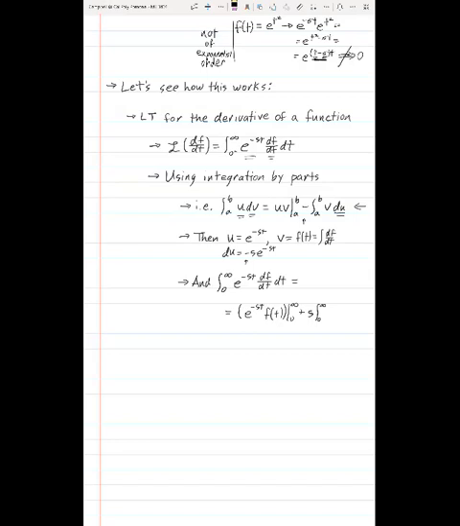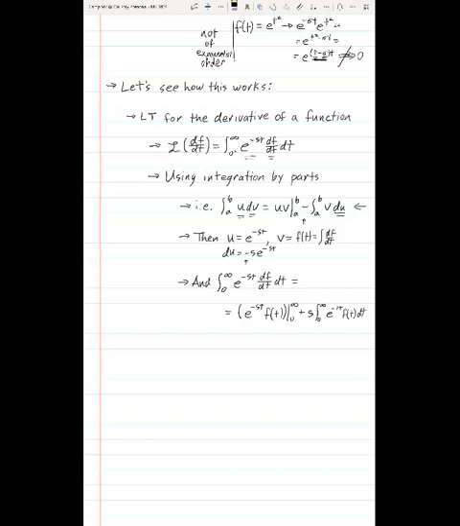We're integrating with respect to t. And then we have our u, negative e to the negative st. Oh, my apologies, that's part of du. e to the negative st, and then we have our v, f of t, and then of course we have our dt, and that's also part of the mix.